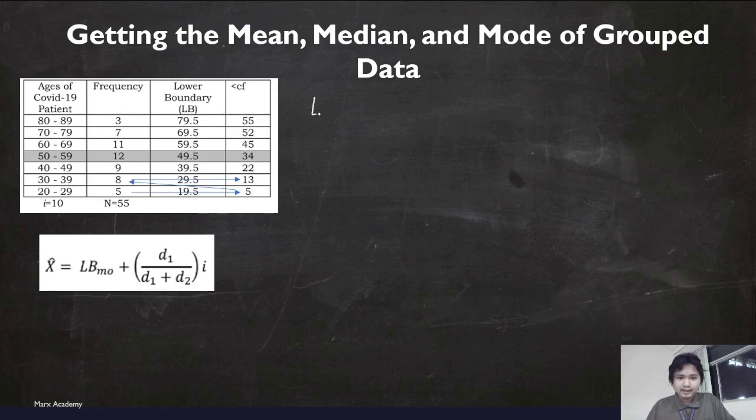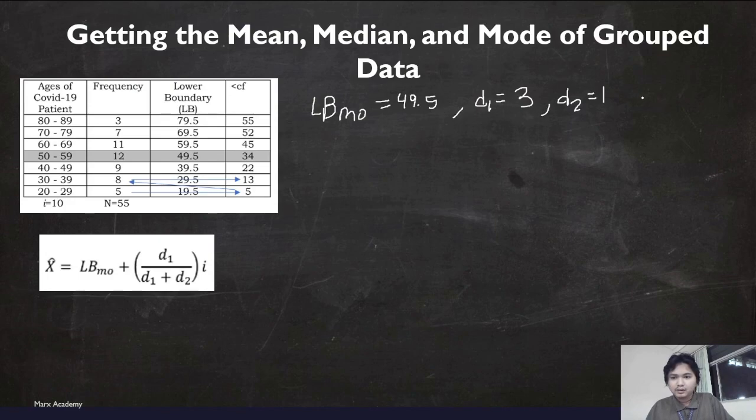LBMO equals 49.5, then d sub 1 would be 3, and then d sub 2 would be 1, then I is equal to 10.